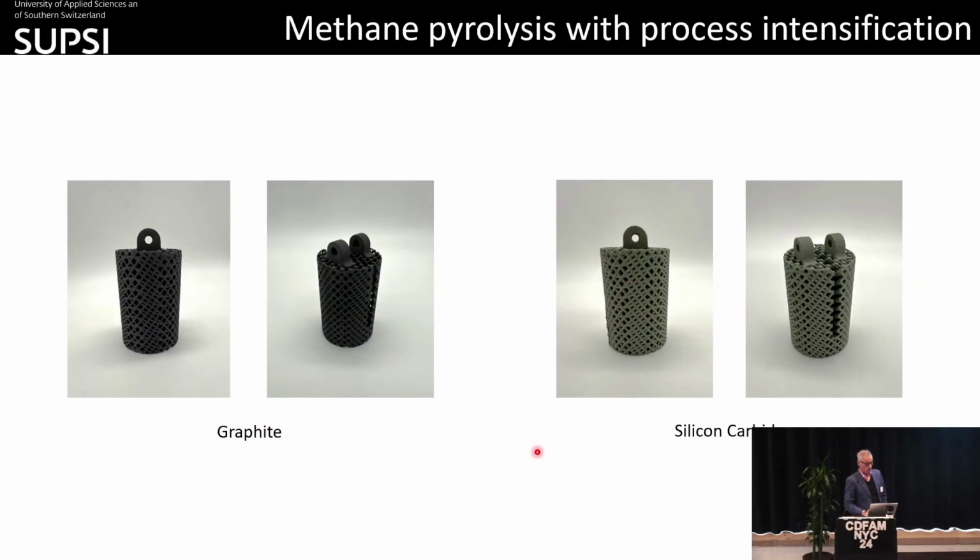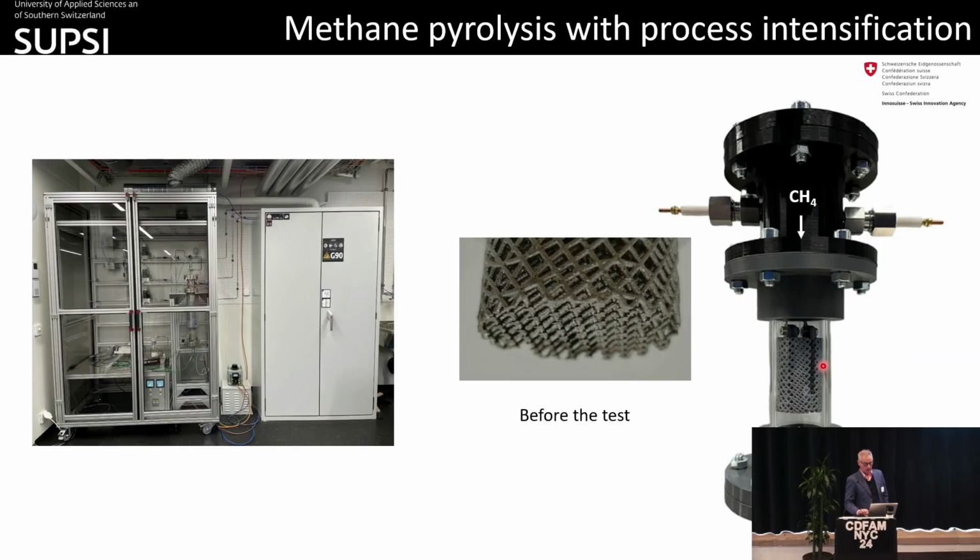And so with topology optimization, we designed these structures, which are heaters made of silicon carbide with a topology optimized both for flowing and for heating up by Joule effect.